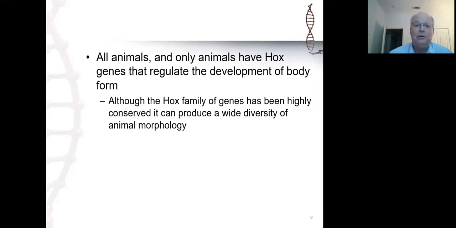Those are major steps along in the evolution of the animal kingdom, and that comes down to Hox genes.